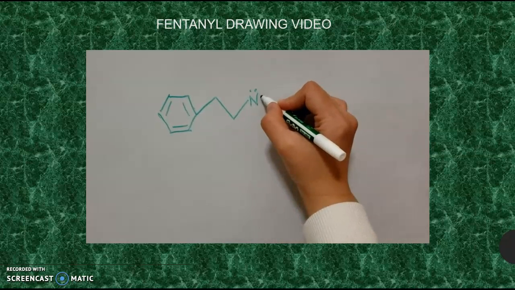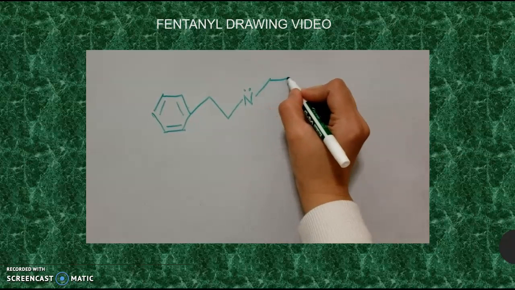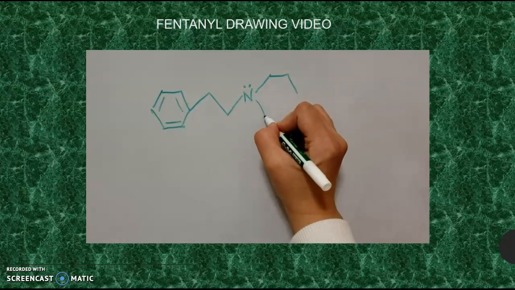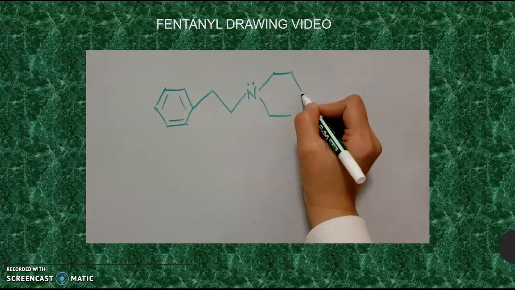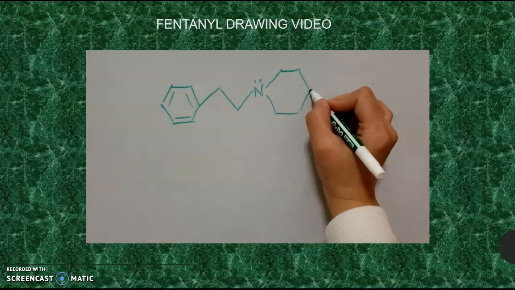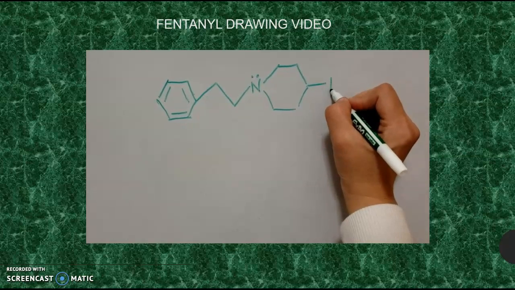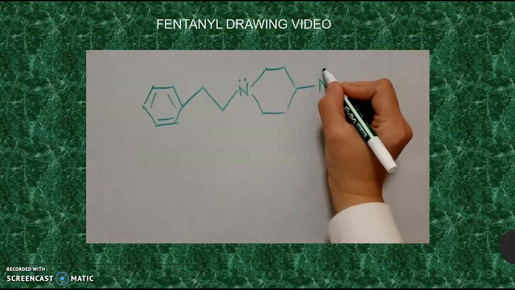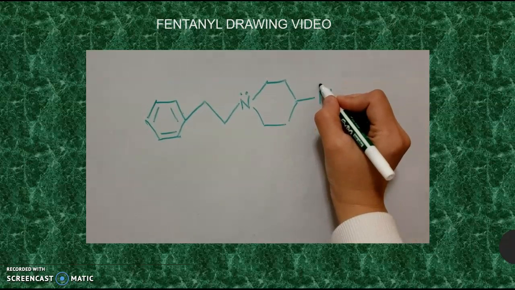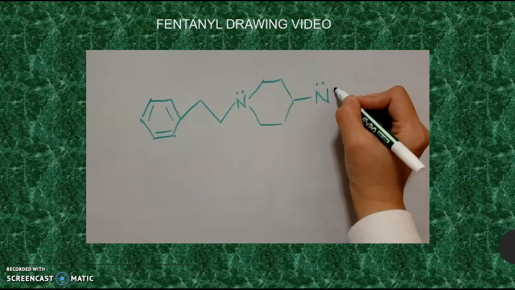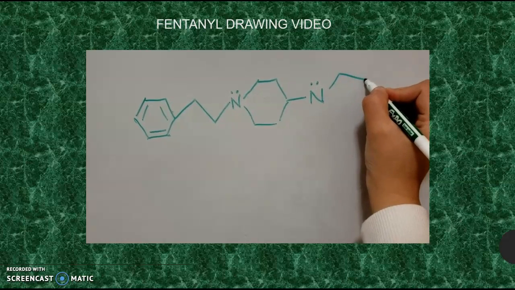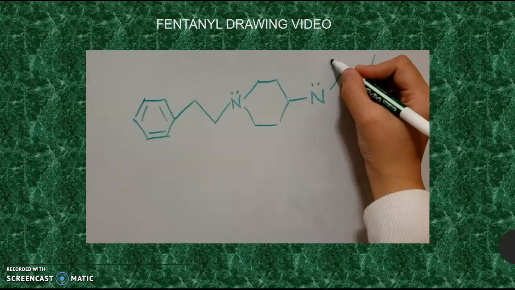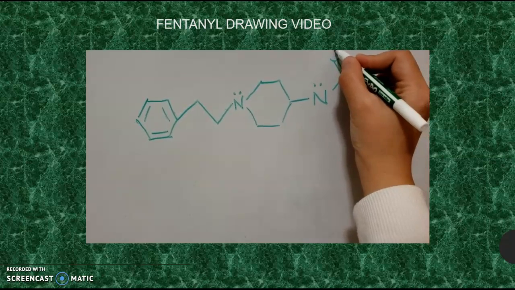This nitrogen is attached to a CH ring with all single bonds. And then this ring connects to another nitrogen with a lone pair. And then this is attached to a carbon double bonded to an oxygen, and then a CH2 and a CH3.